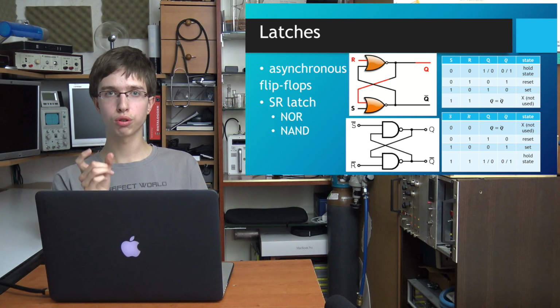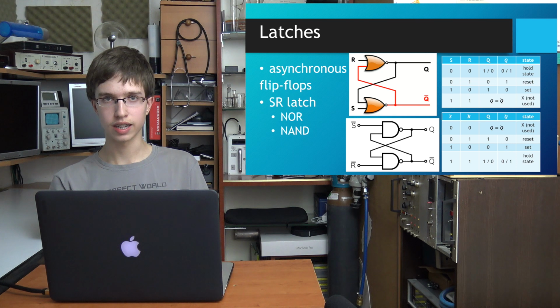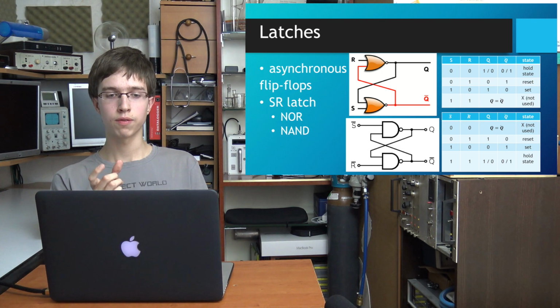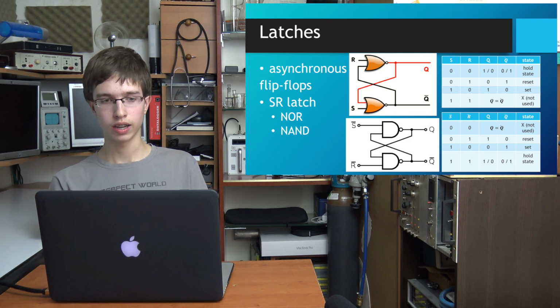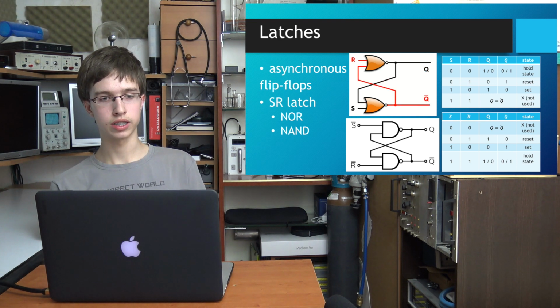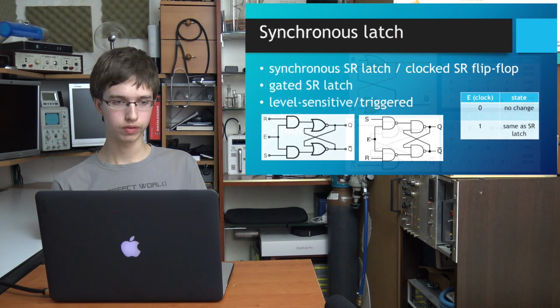Then Q is equal to Q complement, which is a forbidden state, since two complements must have opposite values, so 1 0 or 0 1. And we can check it also on this NOR SR latch. Here we have also the truth table for this other NAND SR latch.